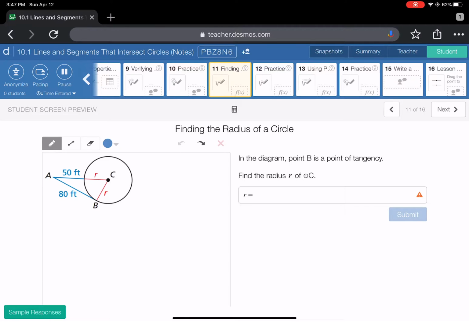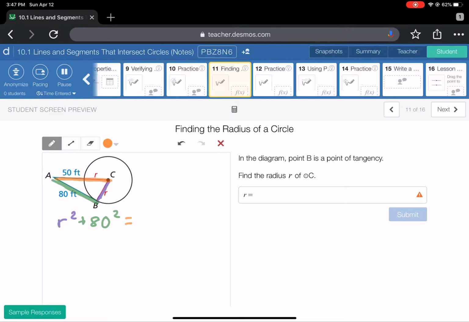So what we're going to do is identify our pieces first. This r, that's our smallest side, so we're going to do a squared. So I'm going to say r squared plus b is our 80 squared, and that's going to be equal to our hypotenuse.